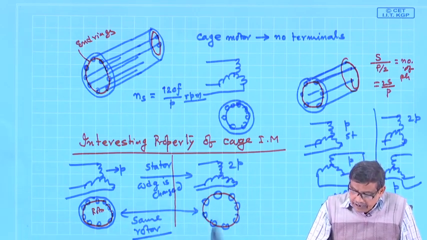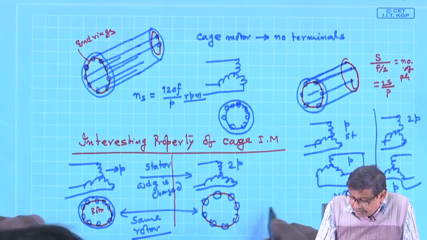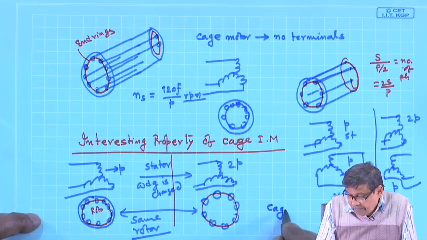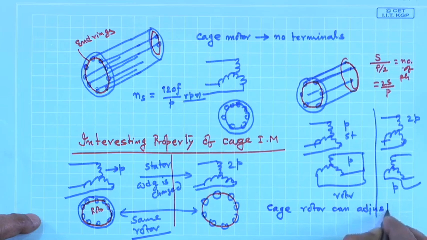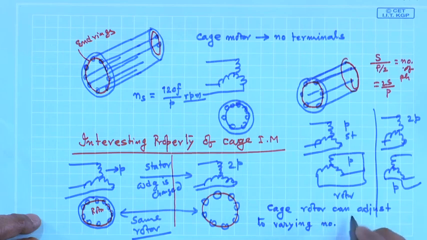People say the cage rotor can adjust to varying number of stator poles on its own. You do not have to change the rotor.